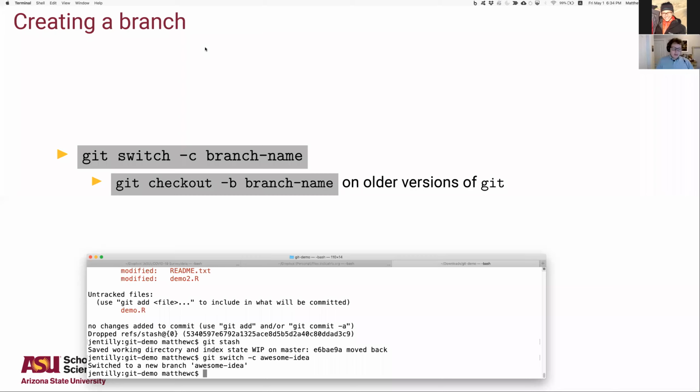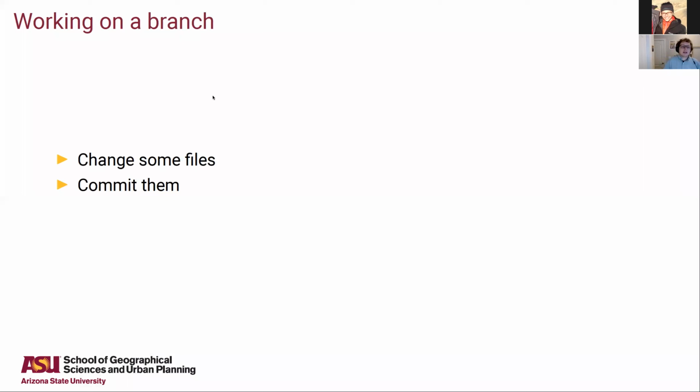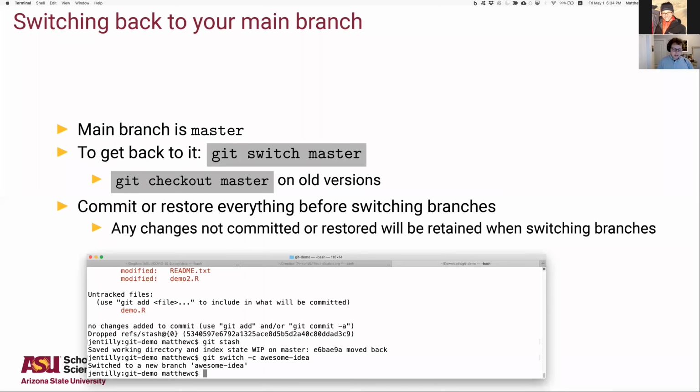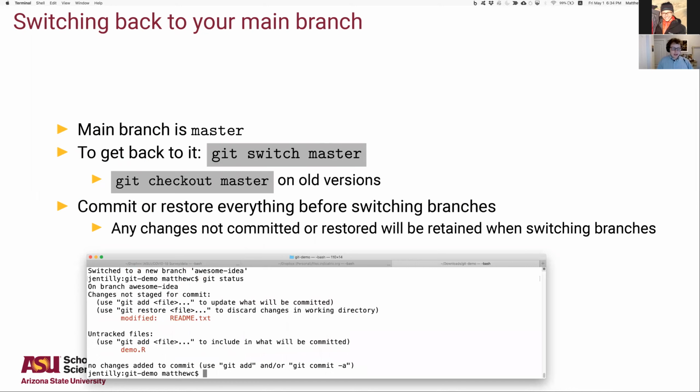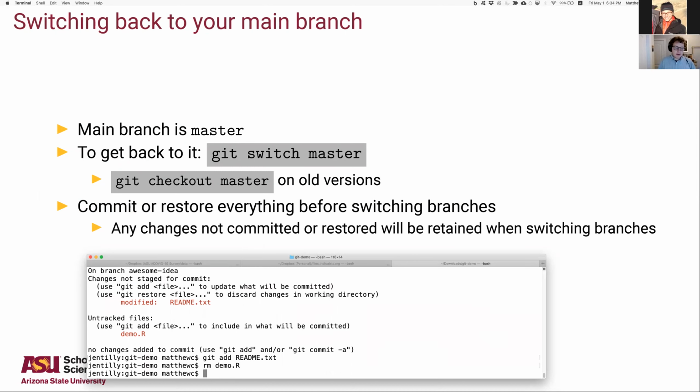So then, like I said, I can make those edits. I can change some files and commit them. So I've changed some files. I can get rid of that file that's untracked, created by mistake.